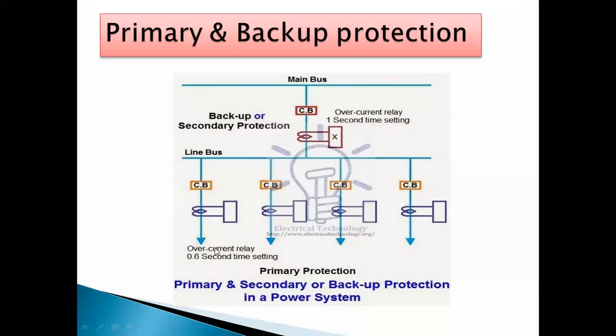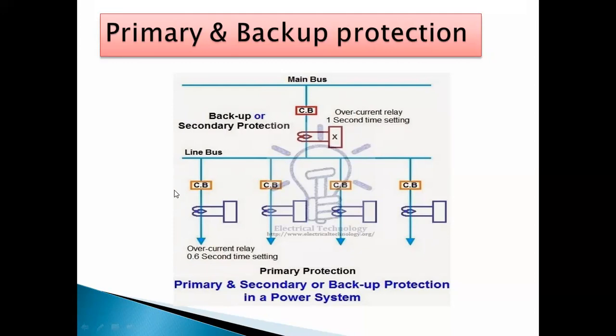So the operating time for the primary protection relay is 0.6 seconds, and for the backup protection the time of operation is 1 second. Means after some time this relay will operate. So this is your primary protection and backup protection.